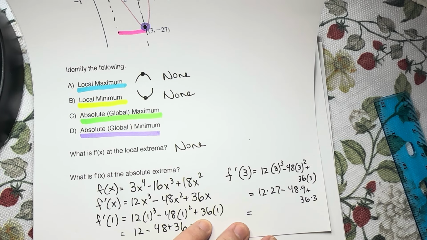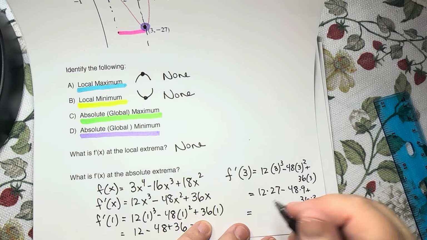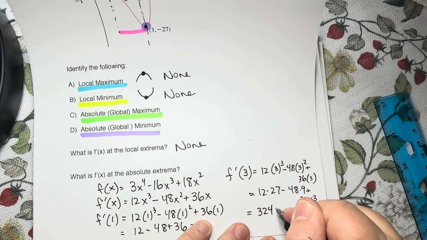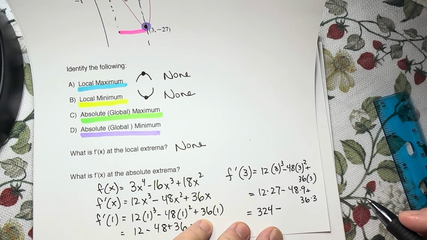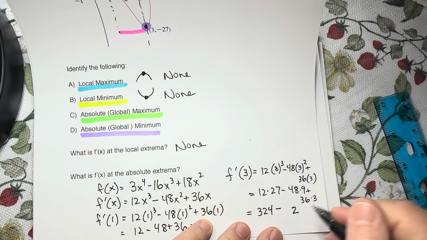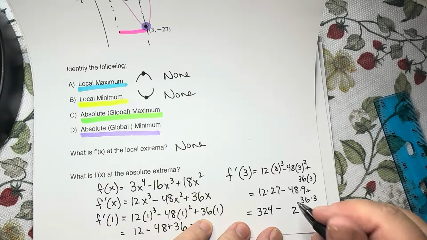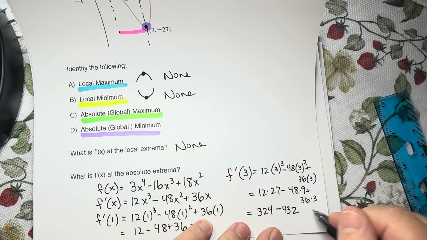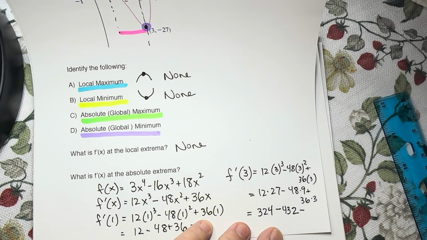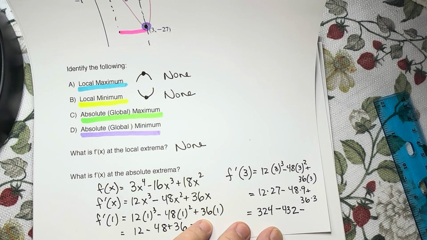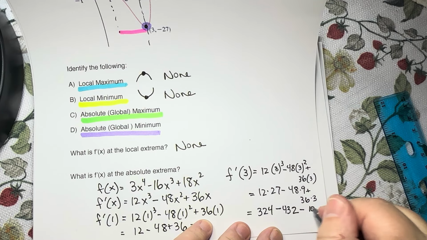So that's going to be 324 minus 432, and then we're going to add 36 times 3, which is 108.